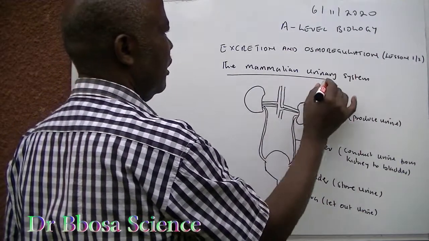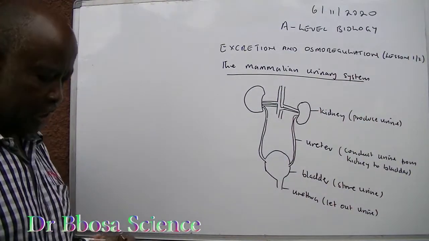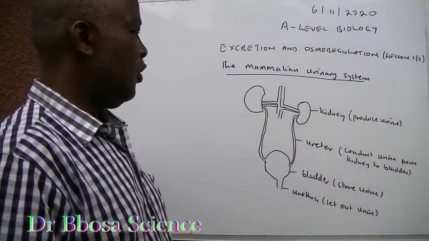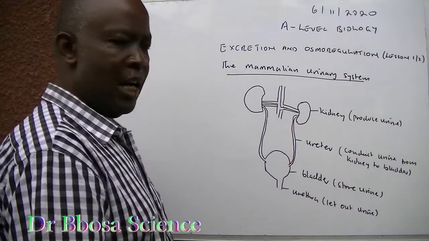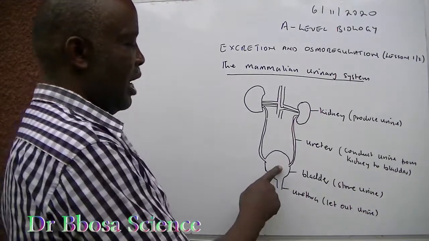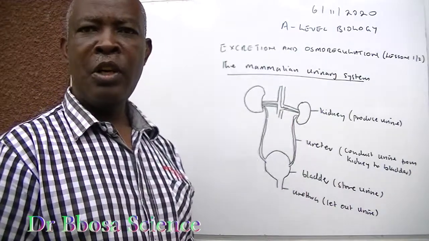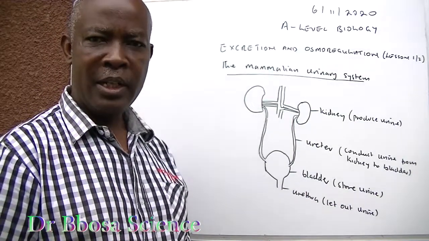Mammalian urinary system. It is composed of the kidney that produces urine, the ureter that conducts urine to the bladder for temporary storage, and then the urethra to let out urine from the body.